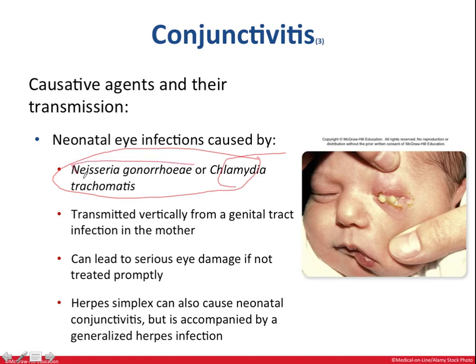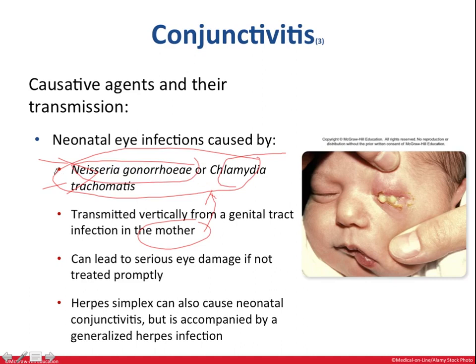Second is NG, Neisseria gonorrhoeae. Actually, these two are sexually transmitted diseases. So this is transmitted vertically from the genital tract of the mother. If the mother has been infected by those diseases, they can let their babies get the infections.